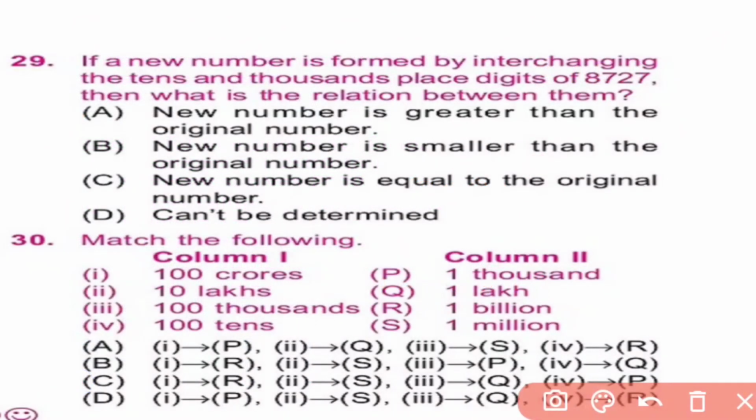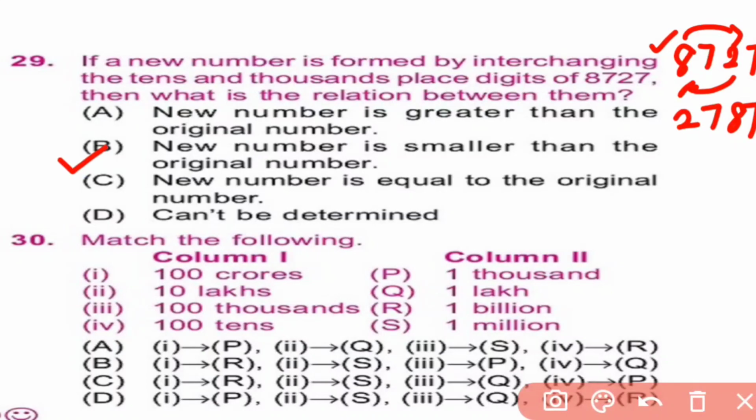Question number 29. If a new number is formed by interchanging the tens and thousand place digits of 8727, then what is the relation between them? The original number is 8727 and the number formed by interchanging the tens and thousand places will be 2787. Then which number is greater? The original one. So the new number is smaller than the original number.